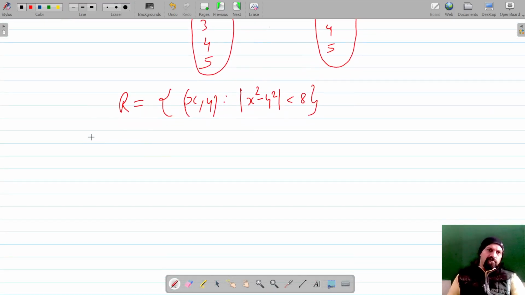We have to check it, let's check it for reflexive. Reflexive says that for the ordered pair, the element should be the same. That is, we have to check if (x, x) is in relation or not.